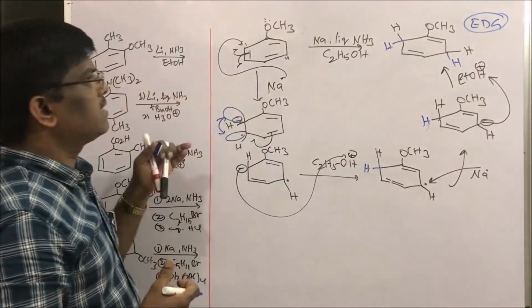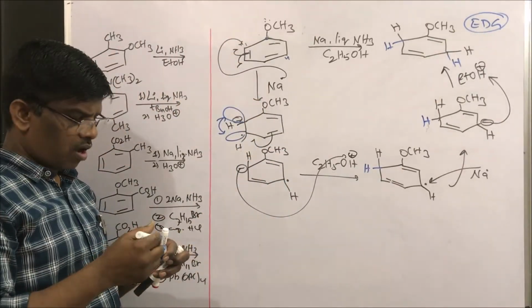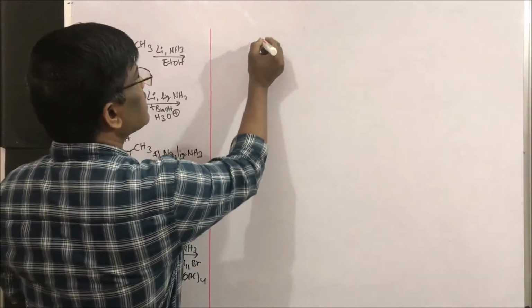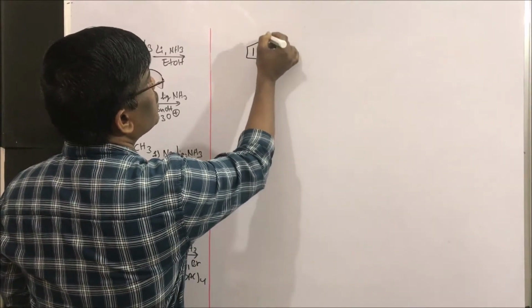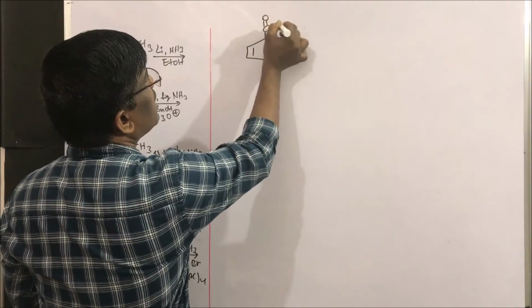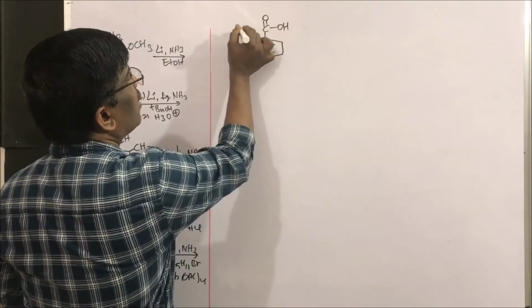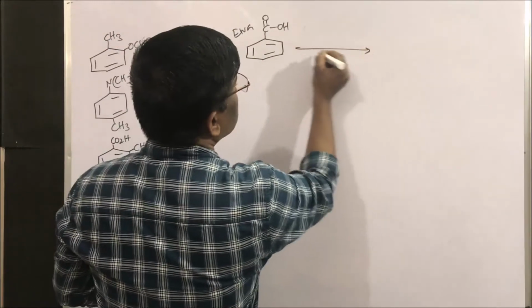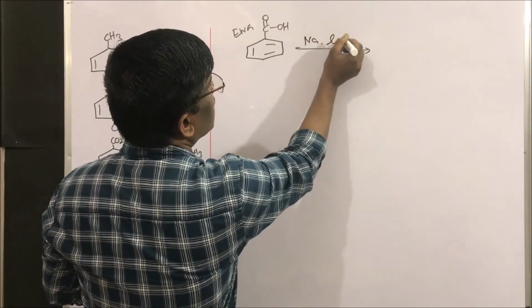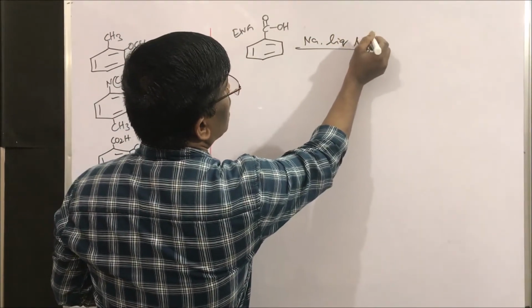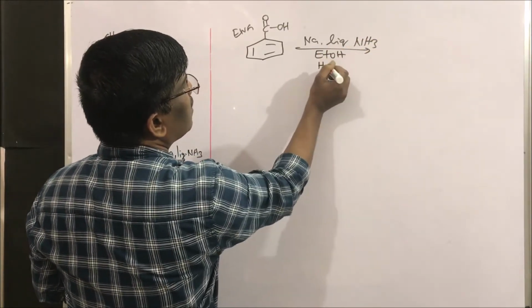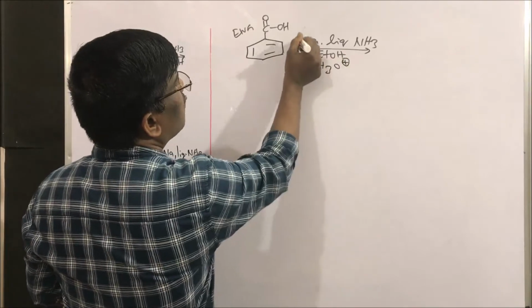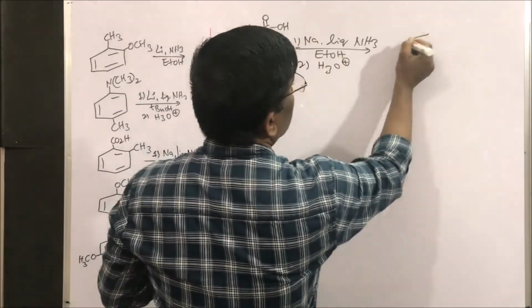Next, let us see the electron withdrawing group compound. When the benzene ring is substituted with an electron withdrawing group like benzoic acid, with sodium in liquid ammonia and ethanol followed by H3O+ hydrolysis, what compound am I going to get?